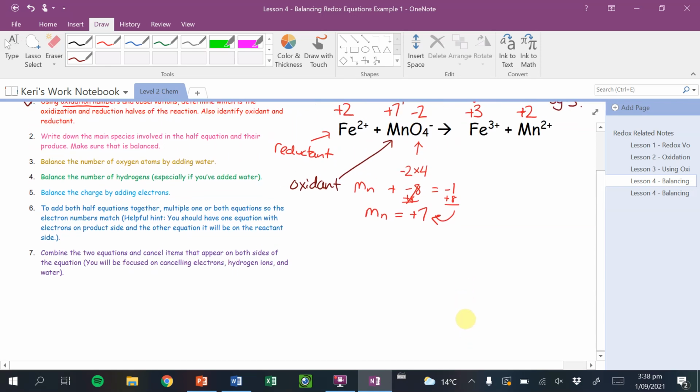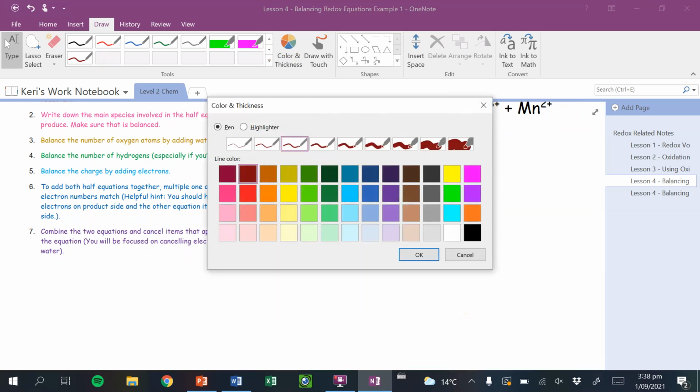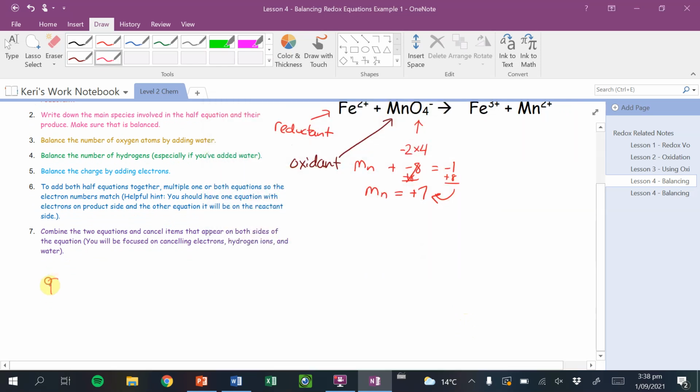First let's do the iron, because the iron is going to be a lot easier for us to see and understand. So I have iron 2 going towards iron 3. I like to leave space in case I'm going to be writing any electrons down and things like that. And I always want to double check to make sure I have space for everybody.